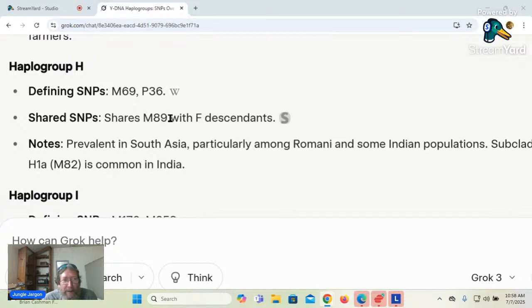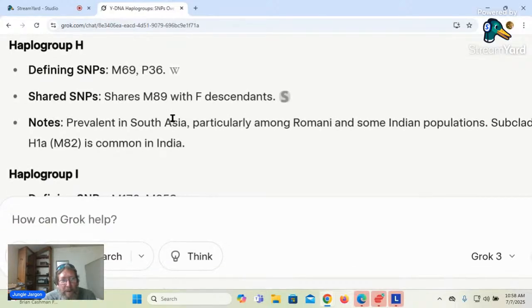They're labeled different letters because they have their own defining S&P markers. But their own defining S&P markers is not a problem. This is downstream. But they're actually sharing the same M89 with everyone else.